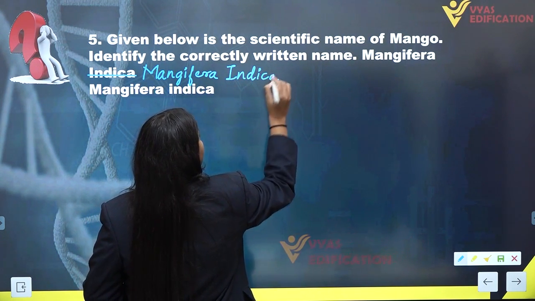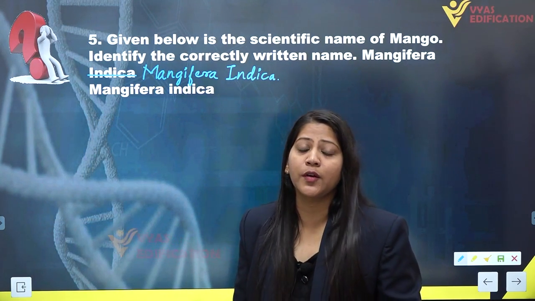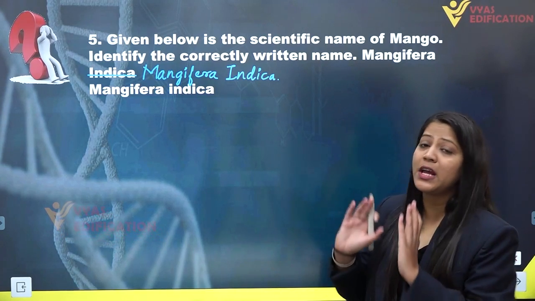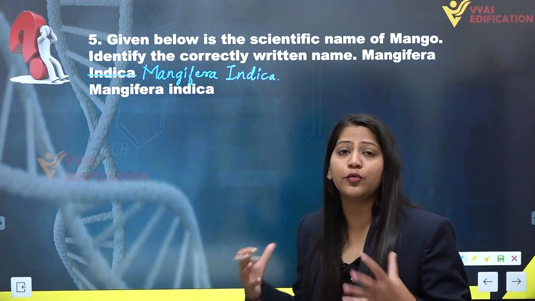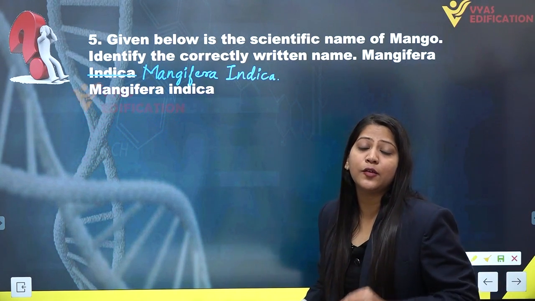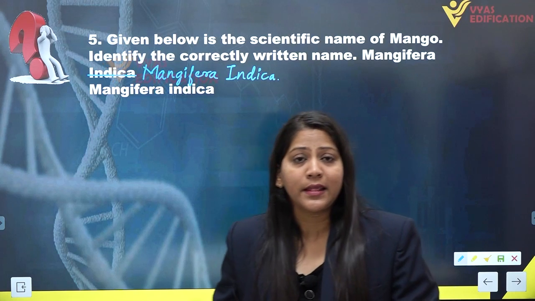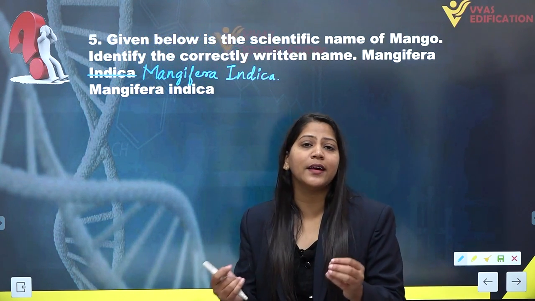Alright, now we know that there are some set rules for naming any living organism. There are some rules of nomenclature, and what does the rule of nomenclature say? That any living organism has a scientific name as well as a common name.